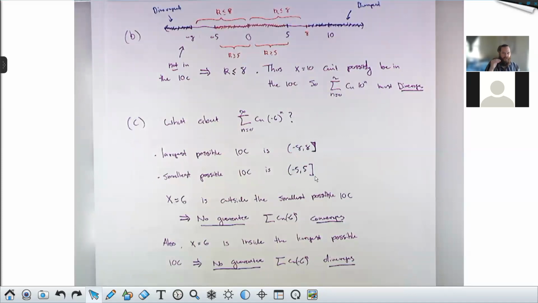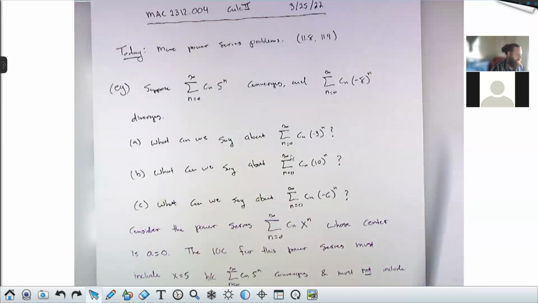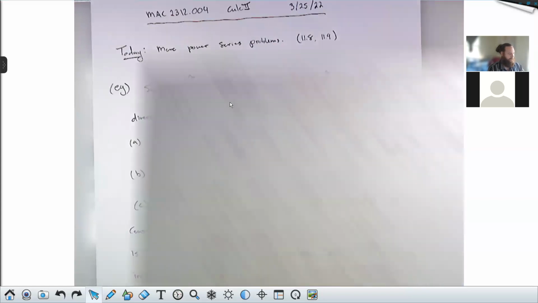Yeah, even the largest possible IOC doesn't have a bracket here because the problem told us that this series diverges, which means -8 can't possibly be in the IOC. And this series told me that 5 must be in the IOC.